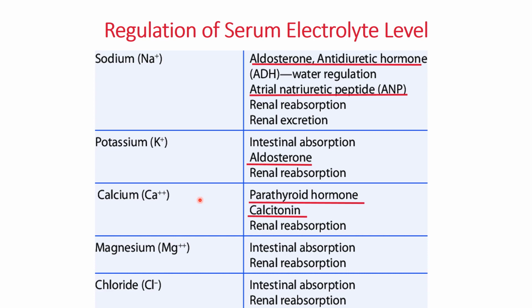As far as calcium is concerned, it is controlled by parathyroid hormone, calcitonin, and by renal reabsorption. Magnesium ions are also controlled by intestinal absorption and renal reabsorption, whereas the chloride ions are controlled by the same mechanism, that is intestinal absorption and renal reabsorption.